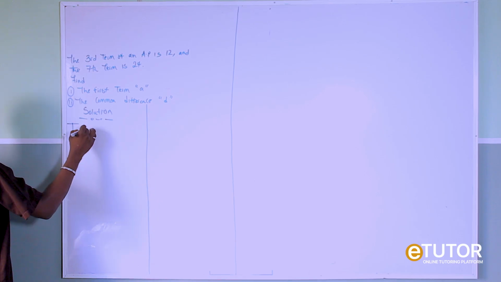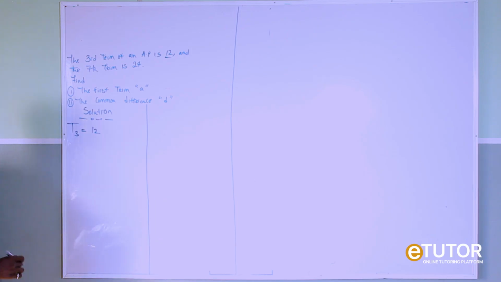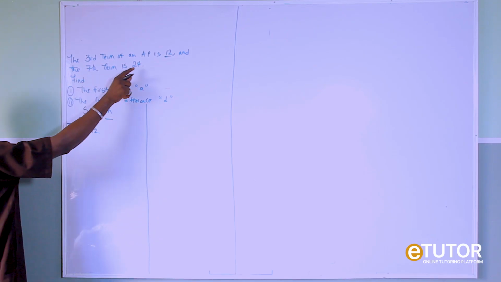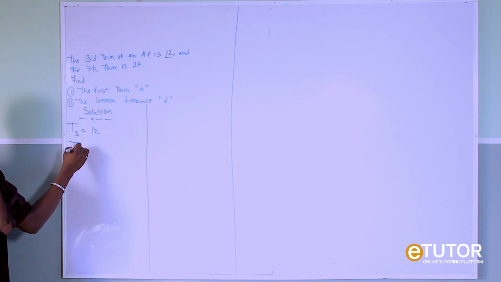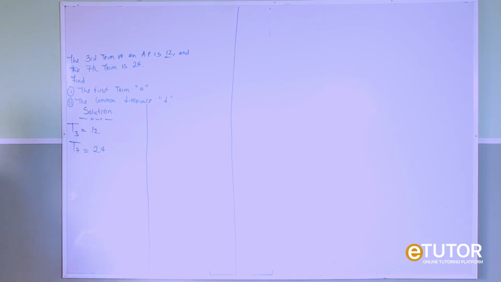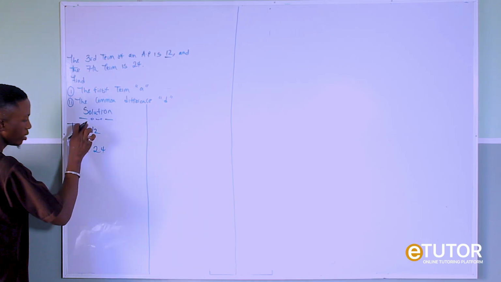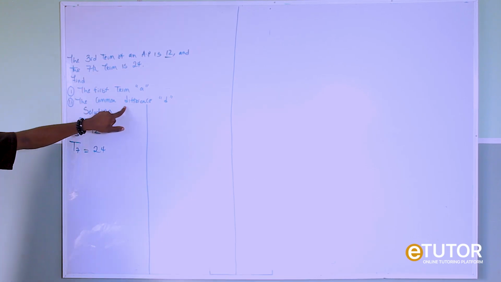So, T3 equals 12. First thing. So, the next thing is, and the seventh term is 24. So, T7 equals 24. Now, he said use this to find the first term and also find the common difference.